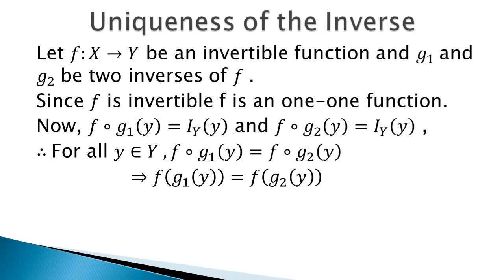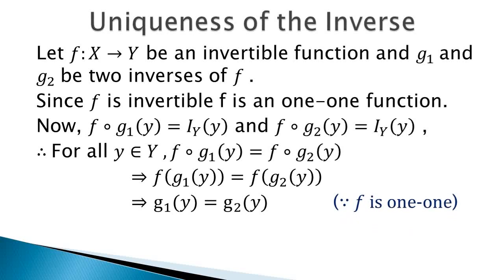And now since f is a 1-1 function, and we know that in a 1-1 function, if f(x1) equal to f(x2), then x1 must be equal to x2. So here it is of that form: f of z1(y) is equal to f of z2(y), and f is 1-1, therefore z1(y) must be equal to z2(y).